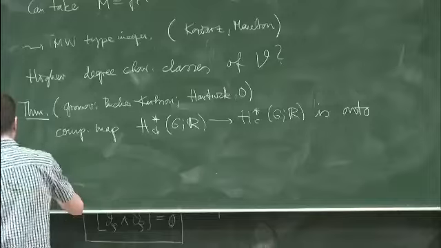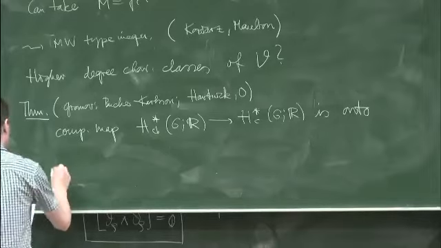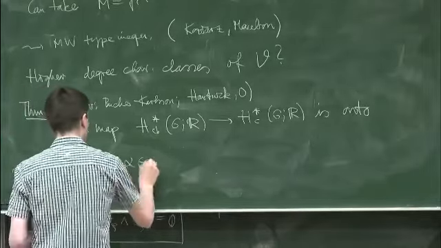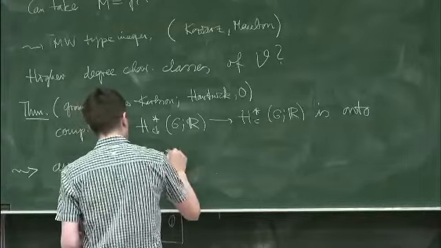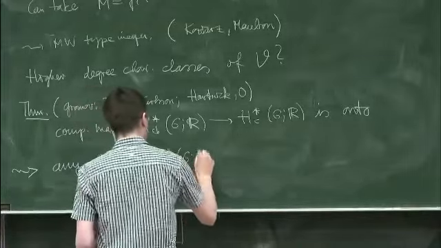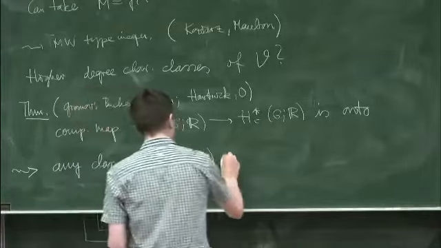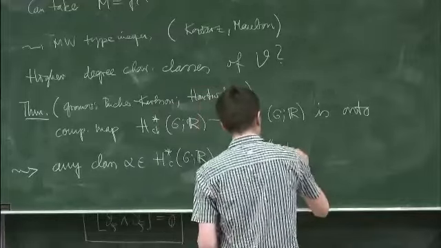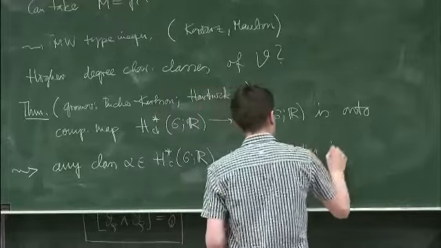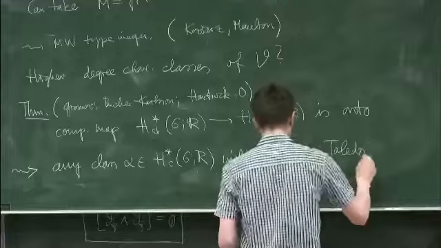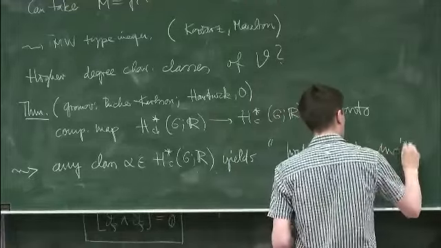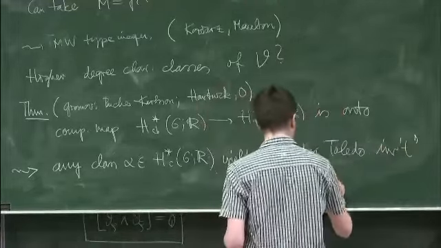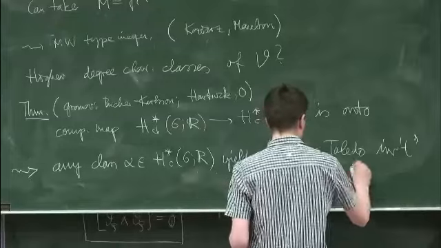And an immediate consequence of this is that any class alpha in the continuous cohomology of G yields what we call a higher Toledo invariant, which we denote by T_rho of alpha.